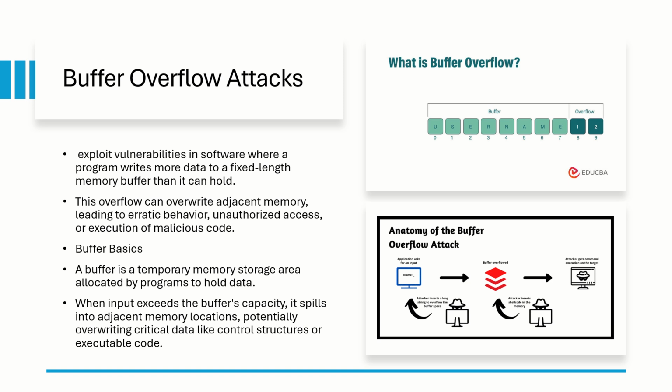The last type of attack that might be interesting to consider in this series is what we call the buffer overflow attack. Transactions that happen within a system are usually stored in temporary memory or temporary data structures that we call buffers.